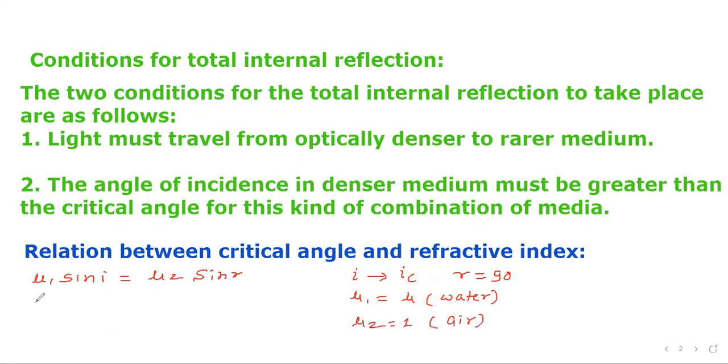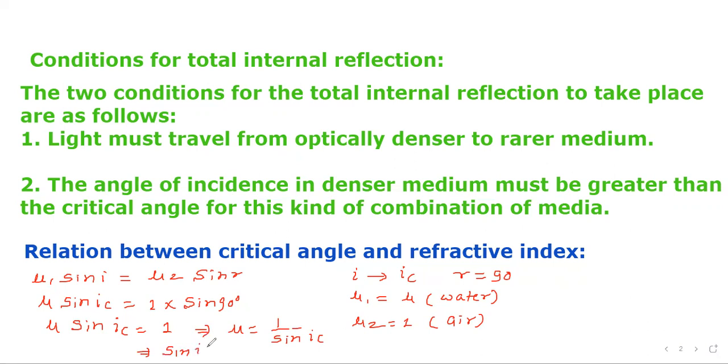So if we put these values here, mu times sin iC equals 1 times sin 90 degrees. But sin 90 is 1. So mu sin iC equals 1, which implies mu equals 1 upon sin iC, or sin iC equals 1 upon mu.